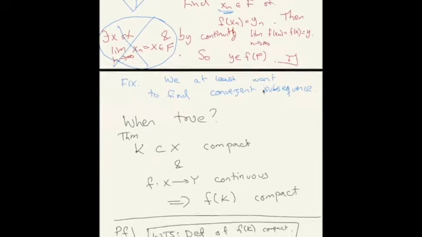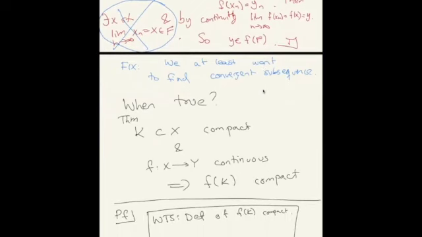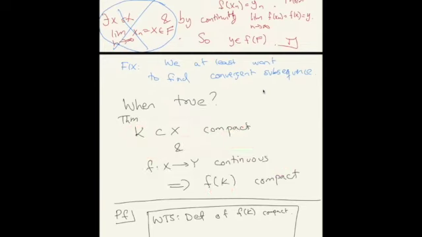So the correct form of this statement: openness is not preserved, closedness is not preserved, but what is preserved is being compact. So if you have a compact subset of X, and a continuous function, then the image set of a compact set is compact.